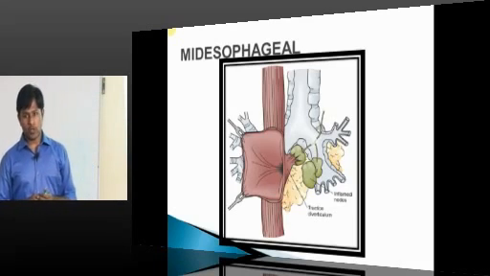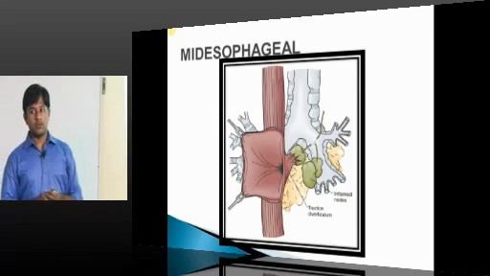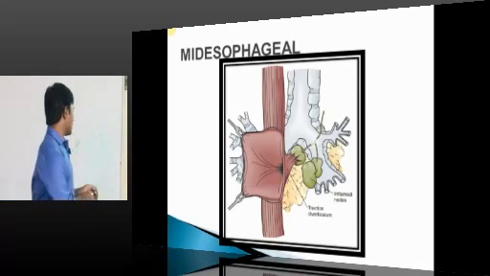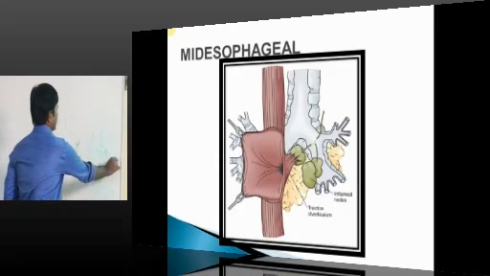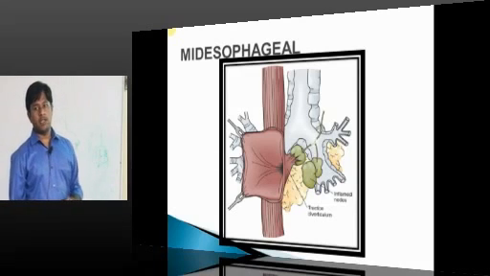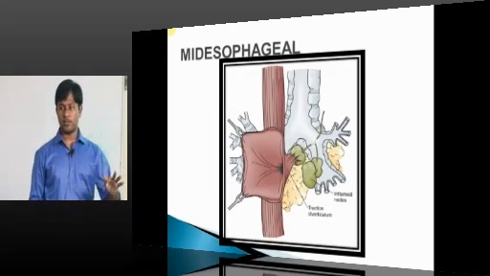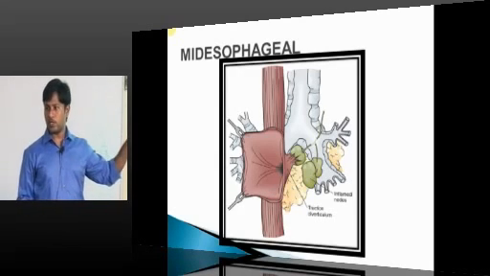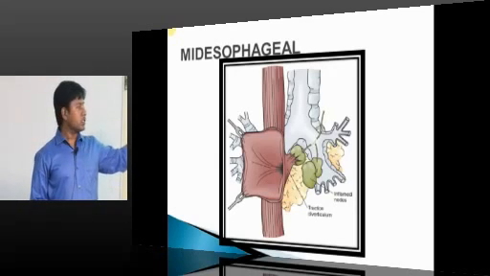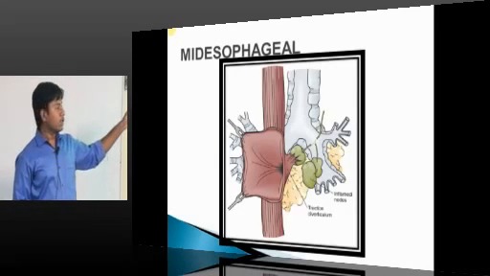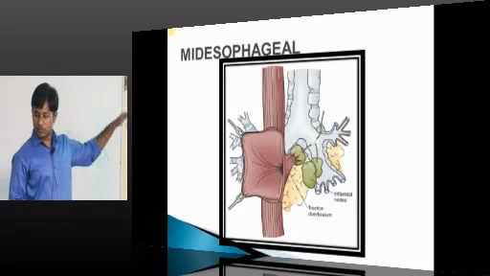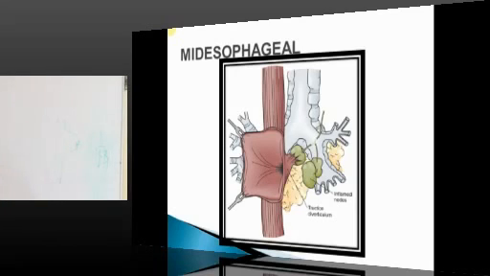This might be most commonly due to tuberculosis. Always tuberculosis in HIV patients, whatever. Okay, histoplasmosis, tuberculosis, mycoplasma, whatever the cause of lymph node fibrosis, which causes traction, that causes a mid-esophageal diverticulum.